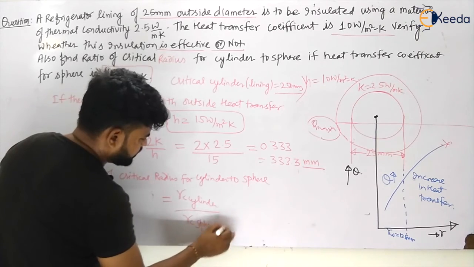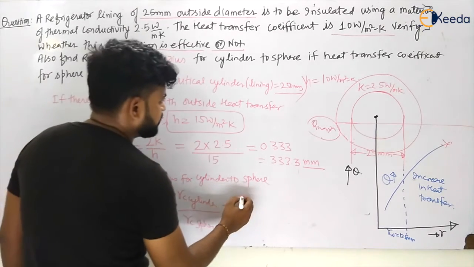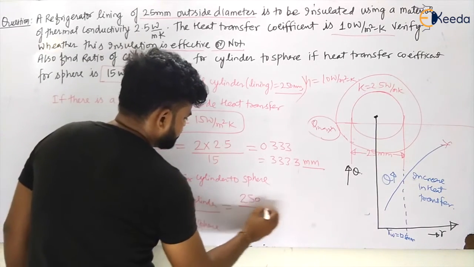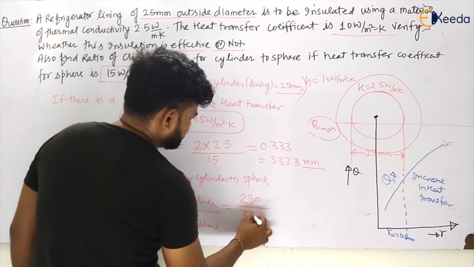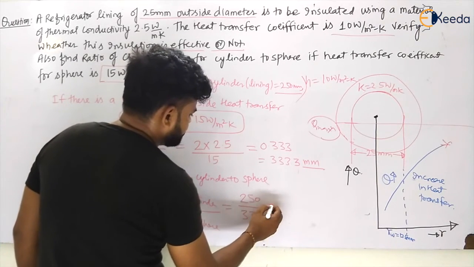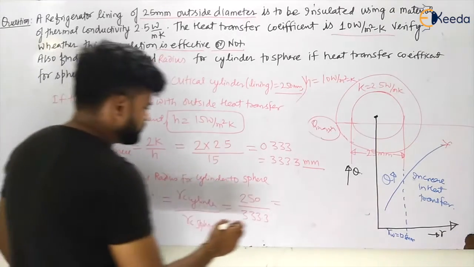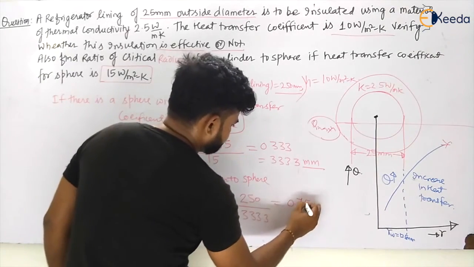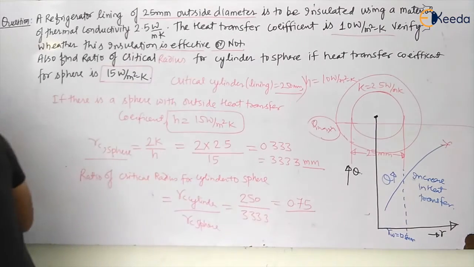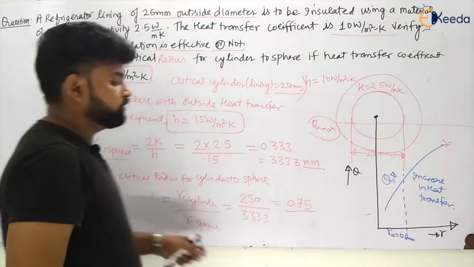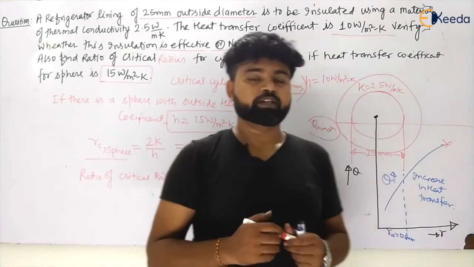So this will be RC cylinder, which is 250 millimeter, divided by RC sphere, which is 333.3 millimeter. This will be 0.75. So now you know the difference, and you can also design a sphere for that much of RC.